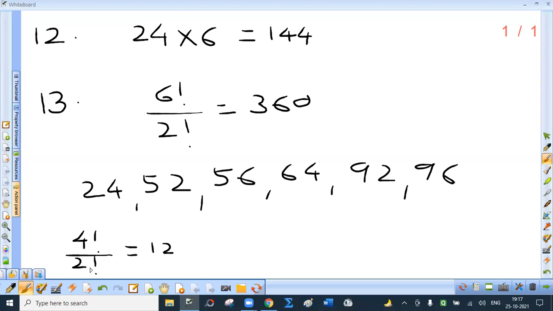Why? Because 9 occurs twice, 12 ways. So 12 possibilities for 24, 12 possibilities for 52, 12 for 56, 12 for 64.